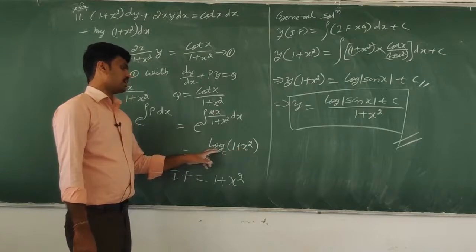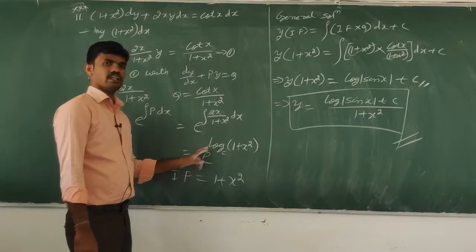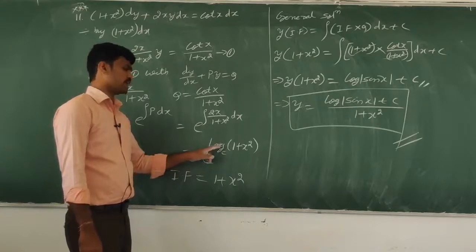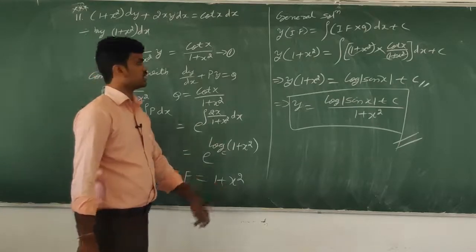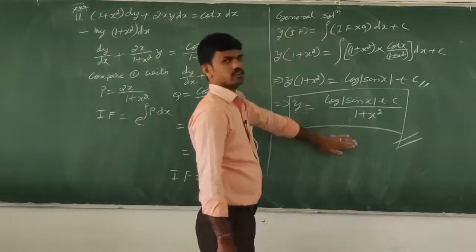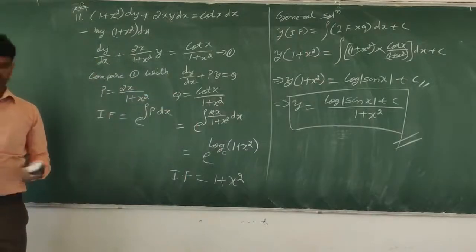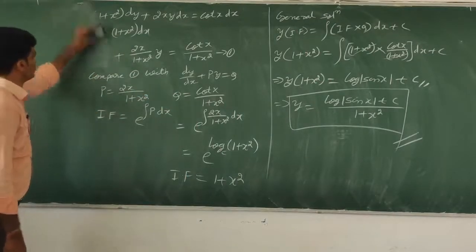The base of the logarithm and the base of the exponential are both e, so there are no other values between them, therefore those two get cancelled. Remaining is 1 plus x square. Now by using this formula we have to find the general solution. Okay, is it clear? Next, move on to problem number 13.